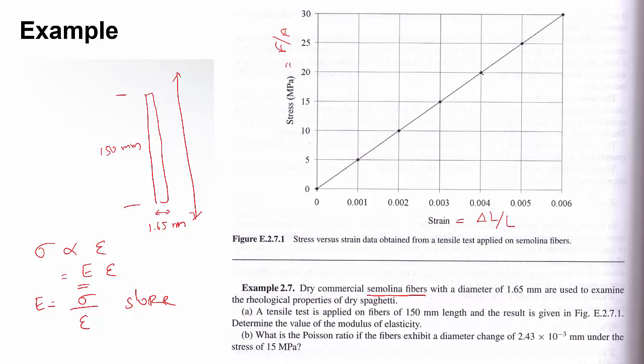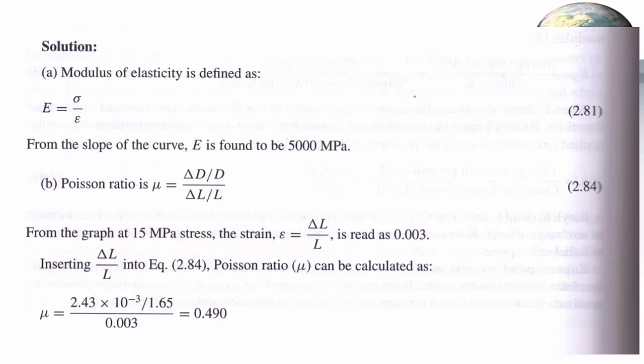So if you look at the slope, it goes from 0, so you can take this value. This is 20, this is 0.004. Therefore, the Young's modulus equals 20 megapascals divided by 0.004, which is equal to 5000 megapascals. So that is the first answer.